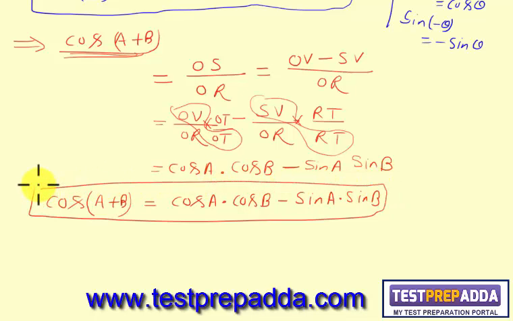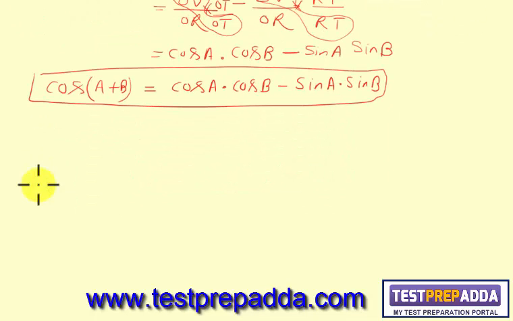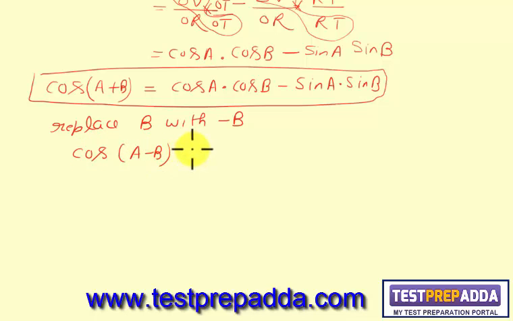Now as we did in the case of sine, here also if I replace B with minus B, cos A minus B becomes what?